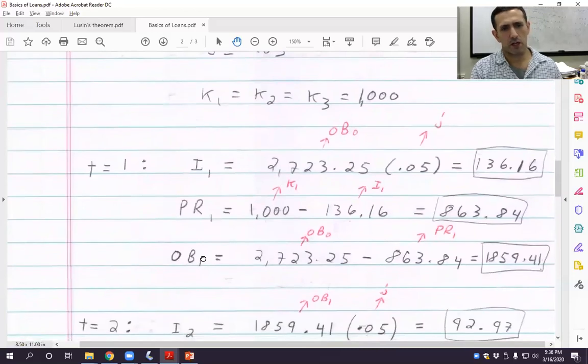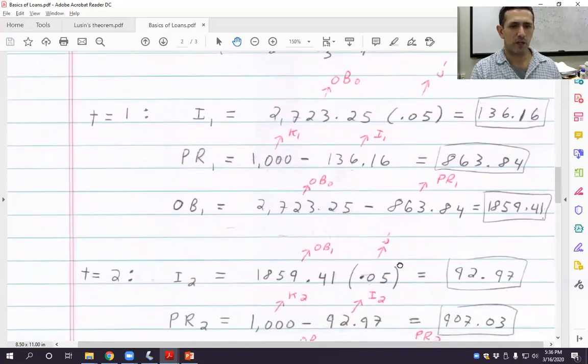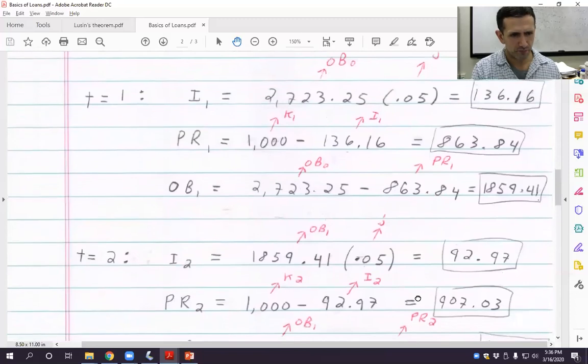All right. So the interest earned in the second year is your previous outstanding balance times 0.05. The principal repaid in the second year is just 1,000 minus 92.97, your second loan payment knocking off interest first, 907.03.